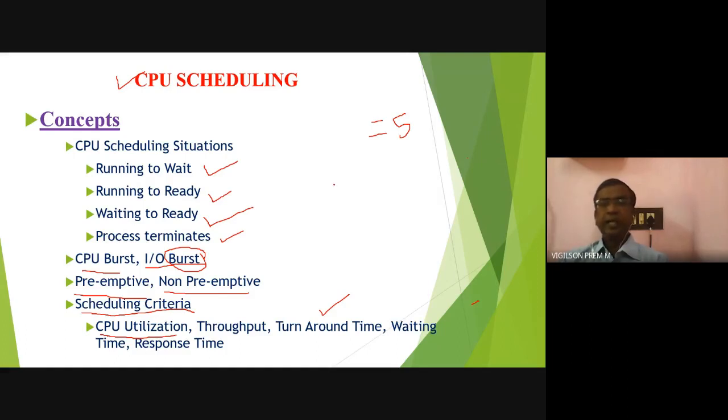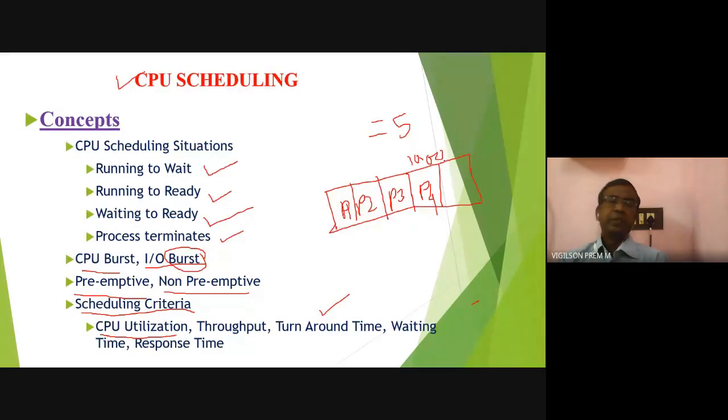Arrival means the ready queue. Ready queue means main memory. Already processes P1, P2 and P3 are there in the queue. Now assume process P4 arrives at the ready queue at 10 o'clock, and process P4 has completed its work at 10:30.